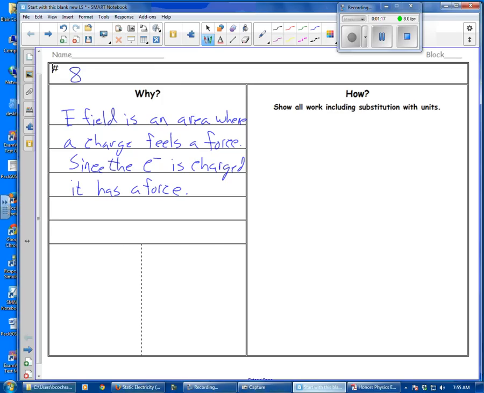And probably the second understanding to make sure you show is that E fields point in the direction a positive charge feels a force.